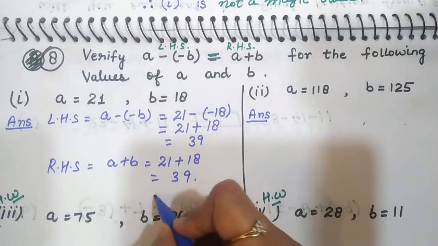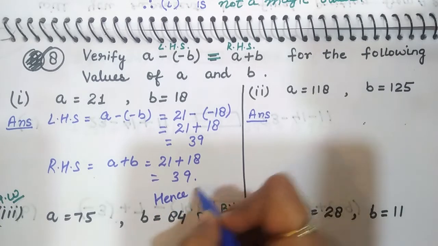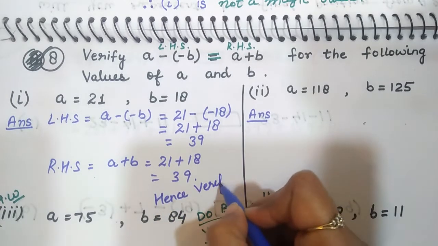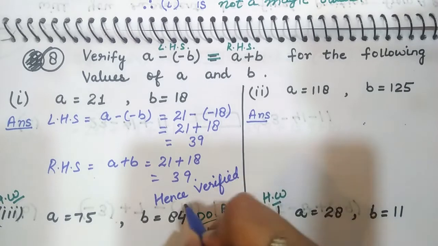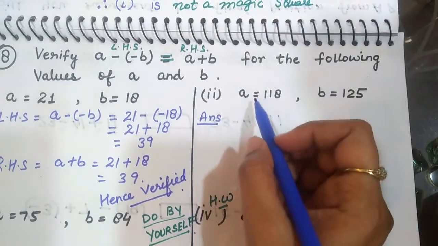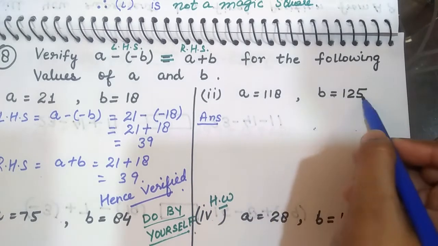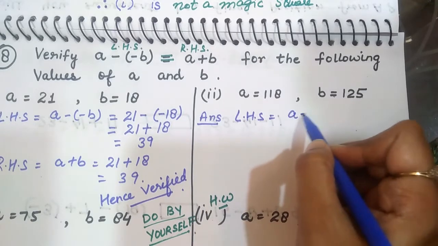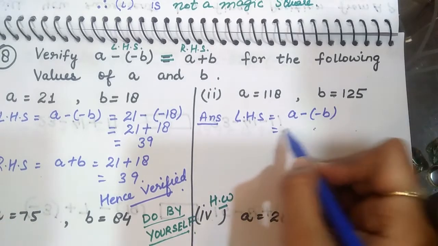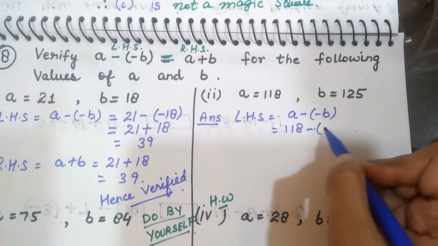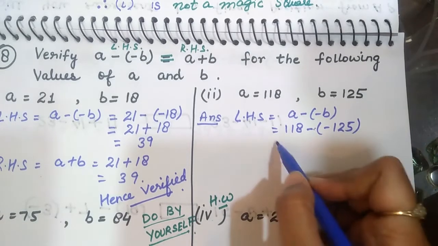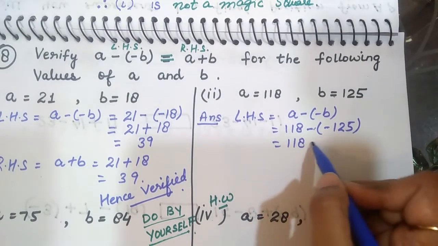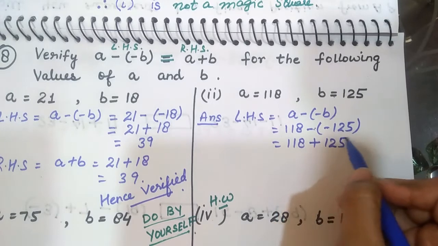So we write hence verified. Very easy. Now see the second question. A is 118, B is 125. First we write left hand side. A minus of minus B. We put 118 minus of minus 125. 118 minus minus plus 125.